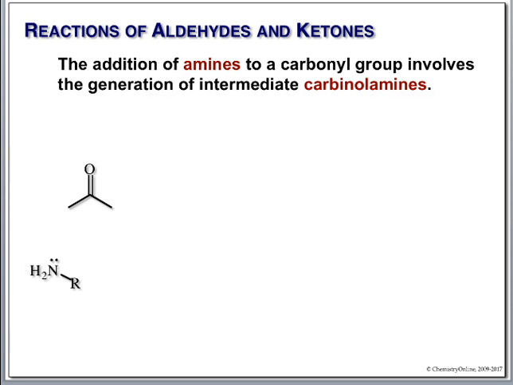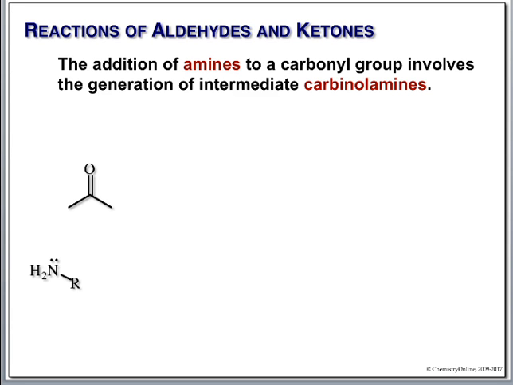This is actually a very famous reaction in mechanistic organic chemistry because it led to lots of discoveries in terms of catalysis, how these things happen in solution and in enzymes. Lots of biochemistry involves amino groups attacking carbonyls.